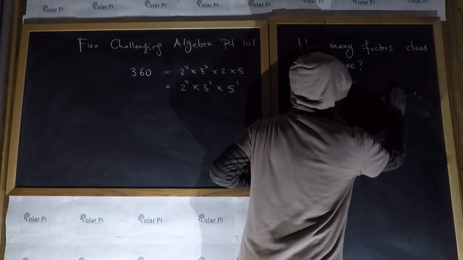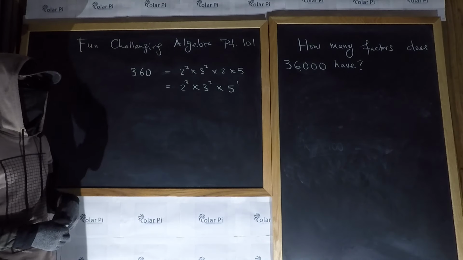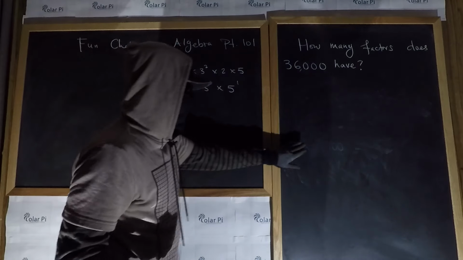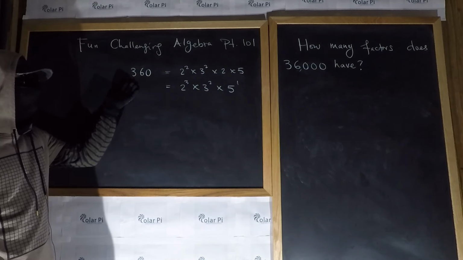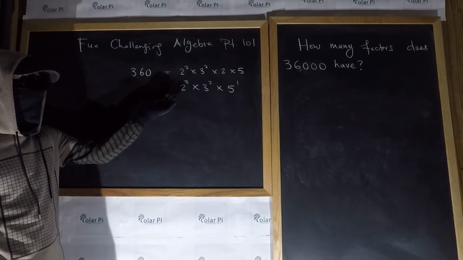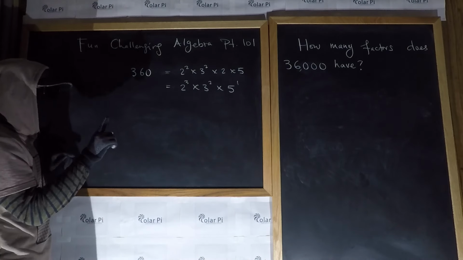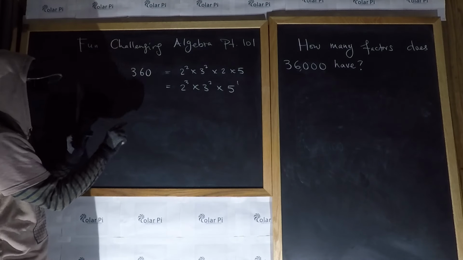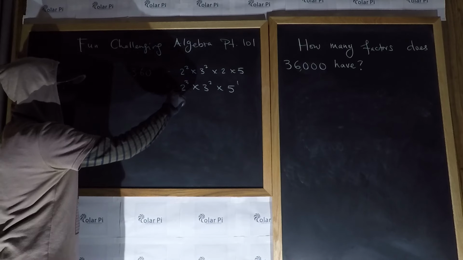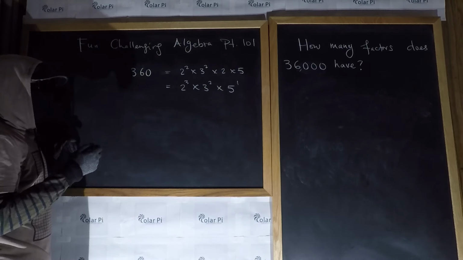But remember, the question we're trying to answer is how many factors some natural number n has. So this is what you do. First, you figure out the prime factorization of whatever number you're given. For 360, we're done with that. Then to figure out how many factors the number has, all you do is add 1 to each exponent on the prime factors.